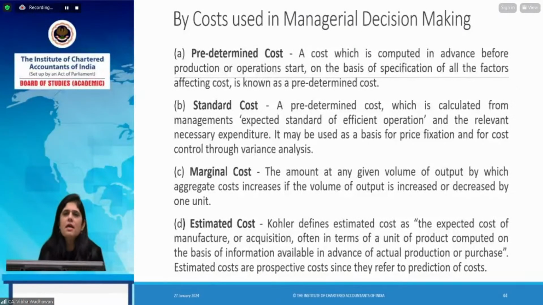Standard cost is based on technical estimate.